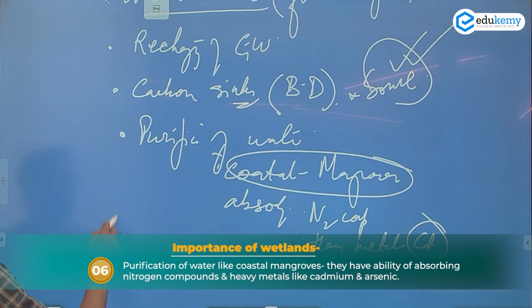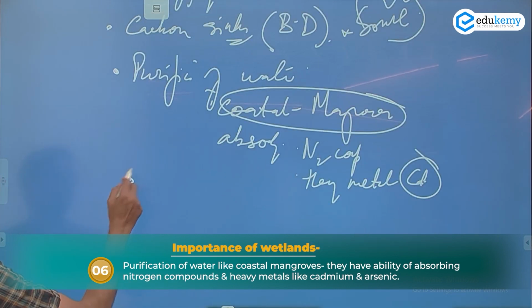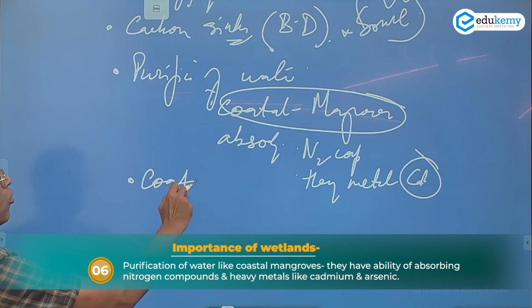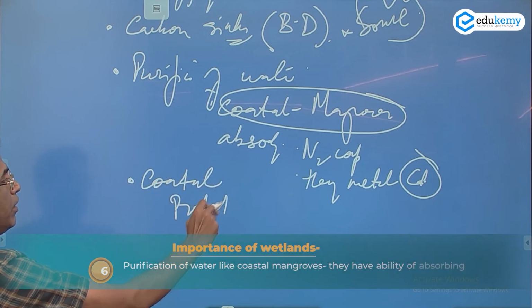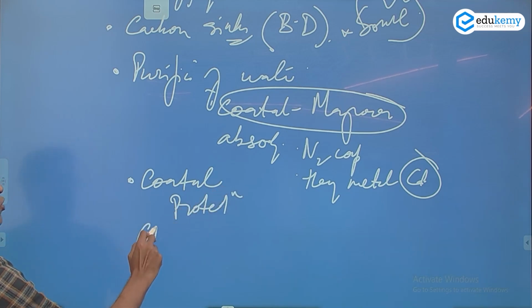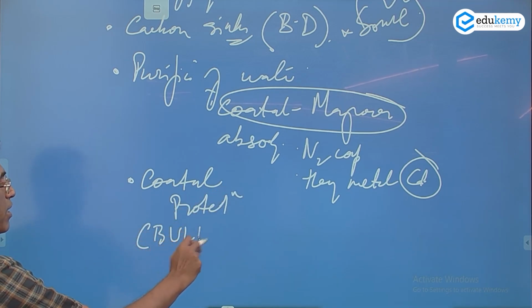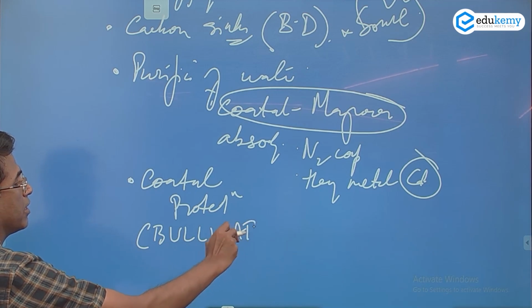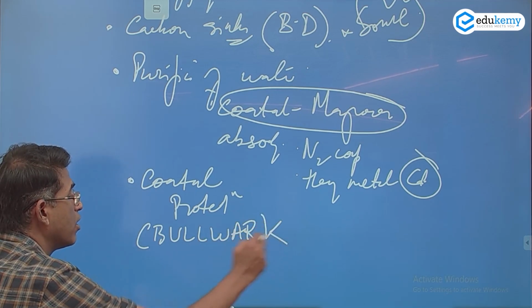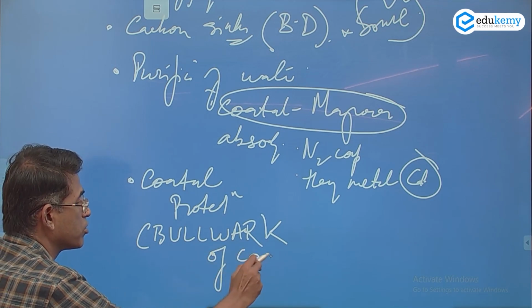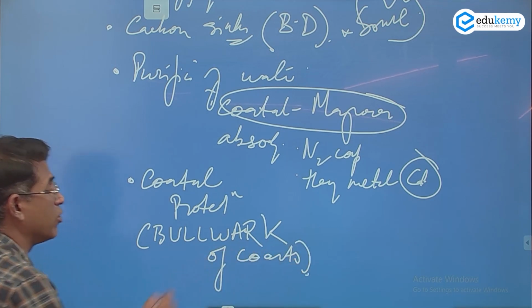Then they're part of coastal protection. We always use this word, they are the bulwark. They're like the fence, the bulwark of the coasts.